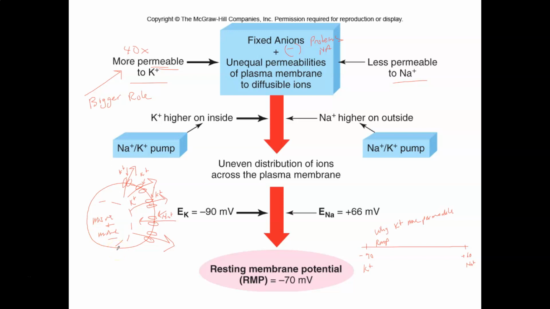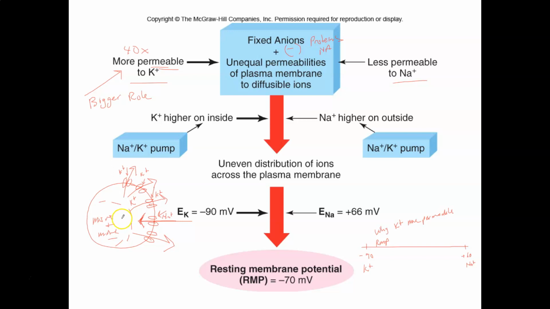As the inside becomes more negative, though, that's going to help pick up the electrical driving force for sodium. So sodium's going to move a little bit better as the inside of the cell becomes more and more negative because, again, opposites attract. So that sodium electrochemical force is gaining some momentum.